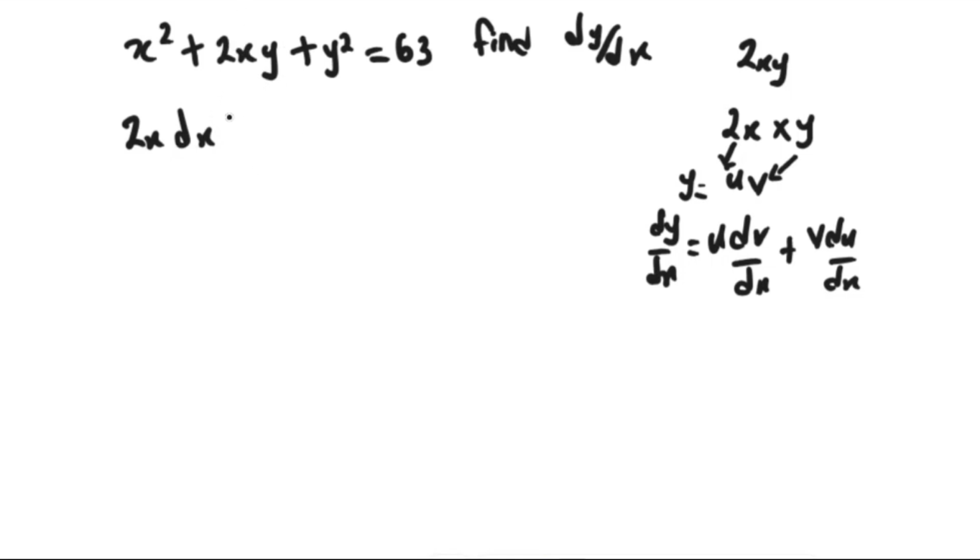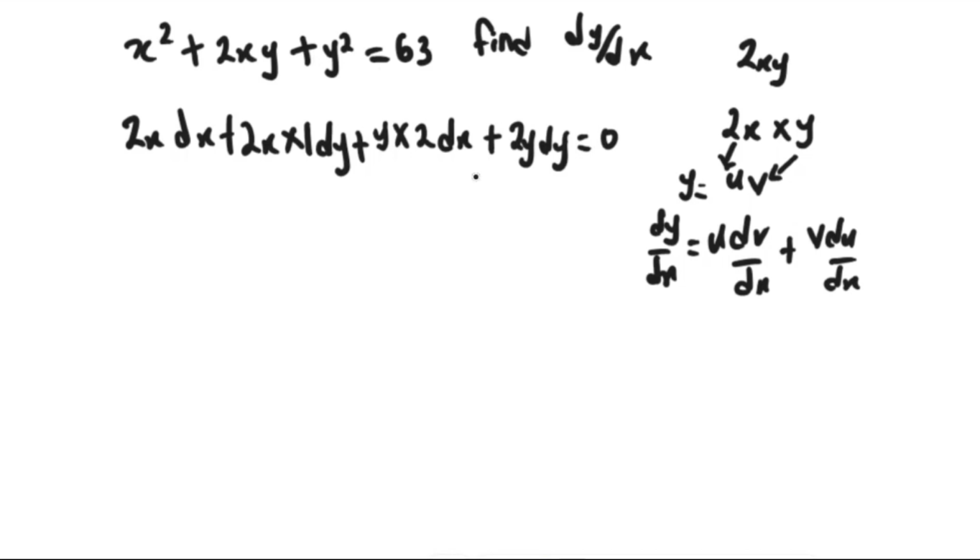First, times the derivative of second: if you differentiate y, you get 1, with respect to y this will be dy, plus second, y, times derivative of first: if you differentiate 2x, you get 2, with respect to x this will be dx. So the derivative of 2xy is the whole of this. If you differentiate y squared, you get 2y with respect to y, dy. If you differentiate 63, you get 0.